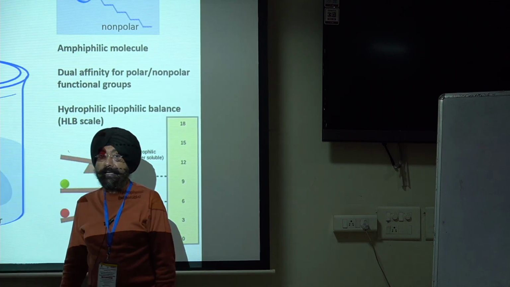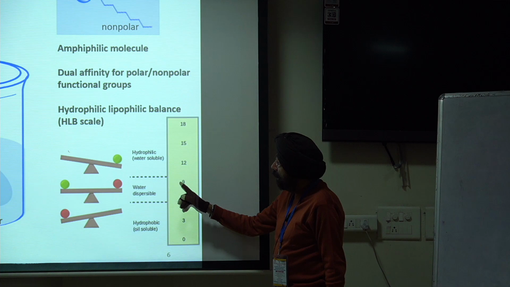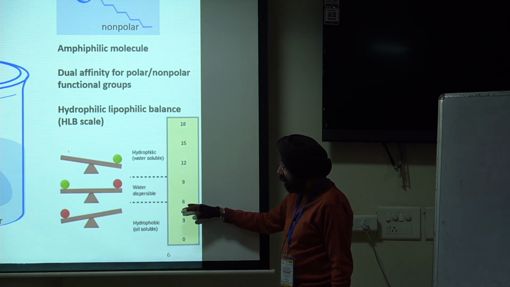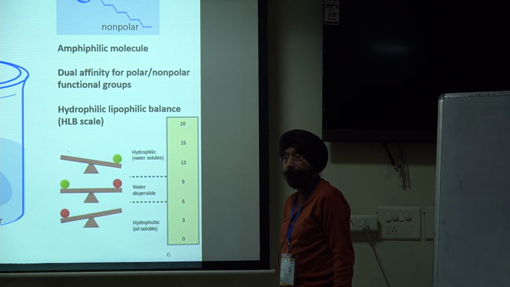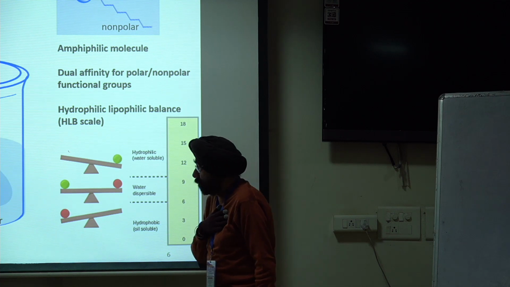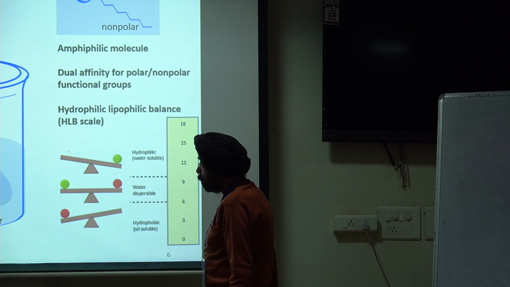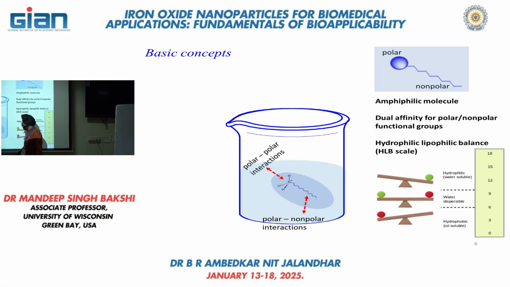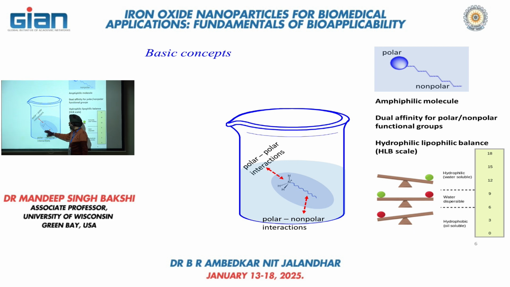The molecule will reside in the aqueous bulk. On the contrary, if the HLB number for the molecule is lower, less than 6, somewhere between 0 to 6, the molecule is much more predominantly non-polar. It means the polar-non-polar interactions are going to predominate, and hence the molecule is going to be expelled, and that's why it is a predominantly hydrophobic molecule.